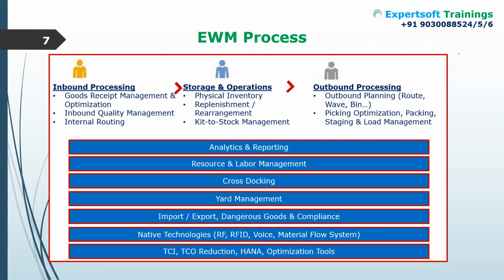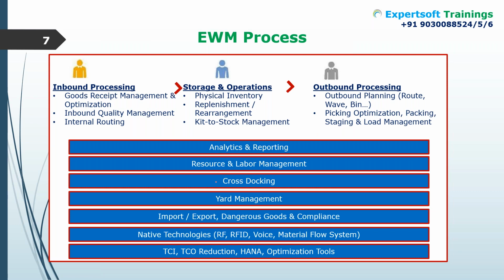Now about EWM. When EWM was introduced, a lot of functionality that was previously not available in SAP WM came with it, and that's why many industries tilted towards EWM, because it gives a lot of functionality over inbound and outbound. Besides inbound, outbound, and intermediate processes, you also get excellent analytical and reporting tools.